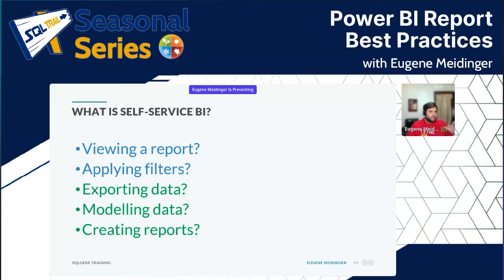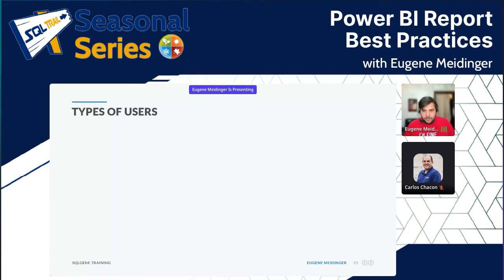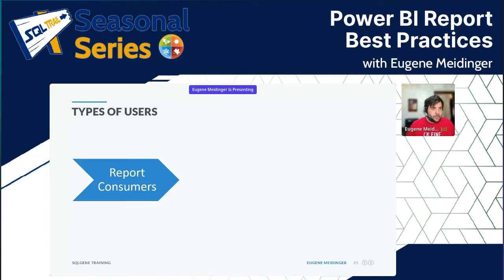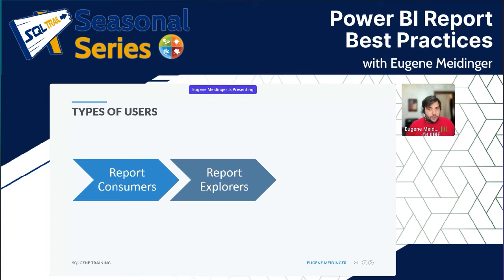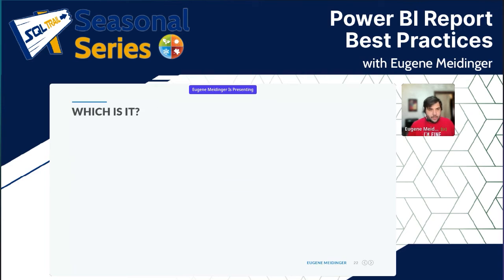And so, as I mentioned before, self-service BI is creating this business meaning without needing IT help. And so something I've talked about is we have these 3 types of users. We've got report consumers, report explorers, and report producers. And so the thing that matters, though, is how does this relate to the actual visualization piece?